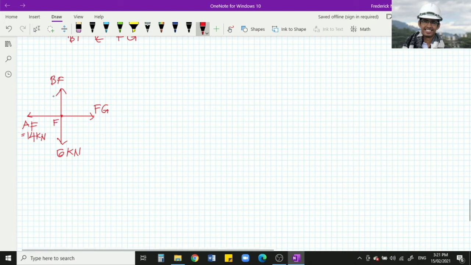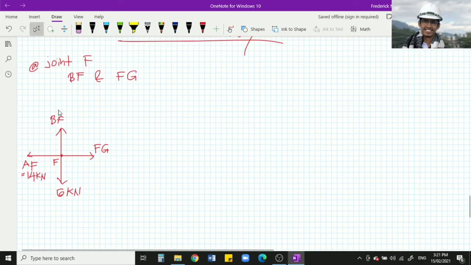So summation of forces horizontal is equal to 0. Going to the right is positive. So AF natin is 14 kilonewton. Class, papunta siya sa left side. So negative.